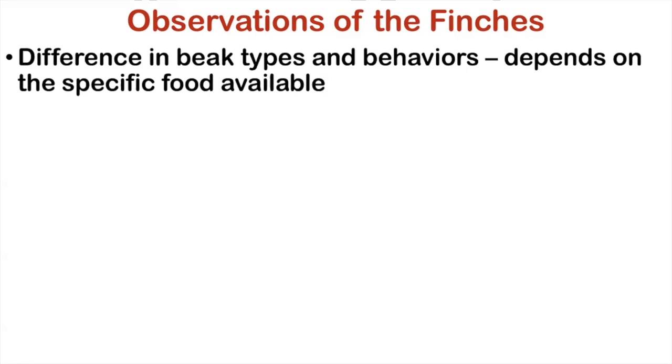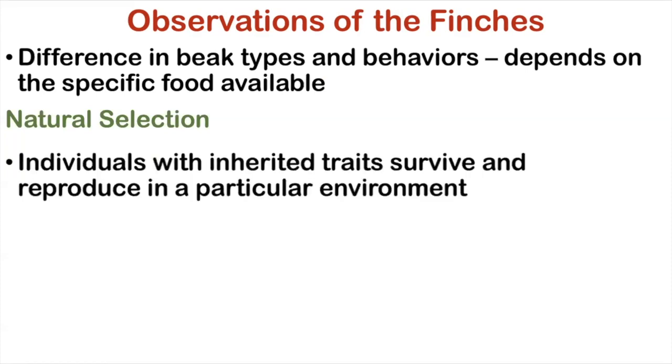This led him to the idea of natural selection, which explains how individuals with inherited traits, or organisms with high fitness that allow them to survive and reproduce in a particular environment, will be more likely to pass on those traits to their offspring.